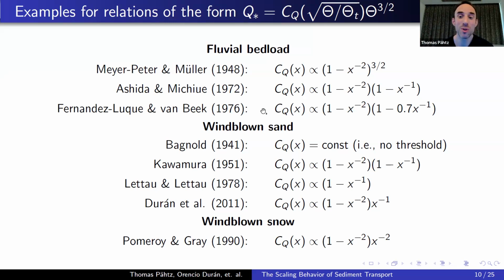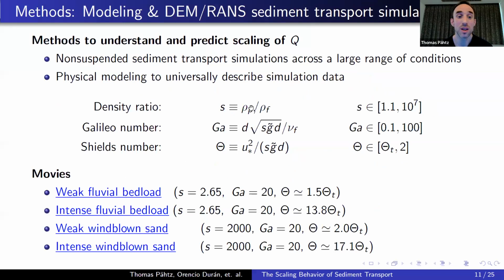Okay? So what I'm going to present to you is what I came up with over many years as, in my opinion, a better approach to model sediment transport. The method I used is as follows. I used DEM, discrete element method, advanced simulations, coupled with fluid, for a large range of conditions.